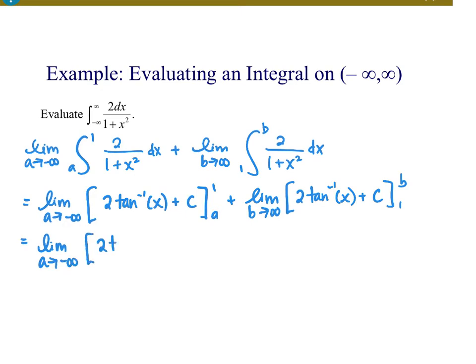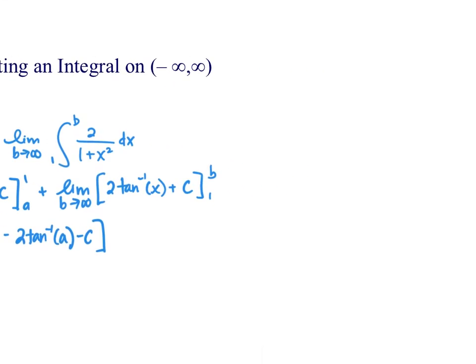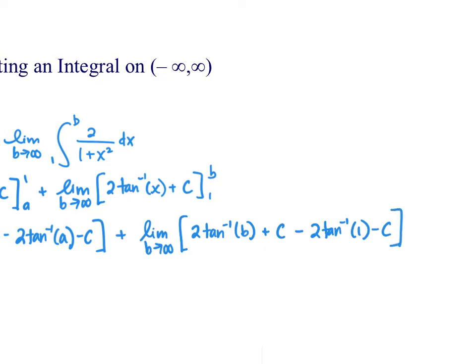So we have 2 times the inverse tangent of 1 plus c minus 2 times the inverse tangent of a minus c. And then plus my second limit, 2 times the inverse tangent of b plus c minus 2 times the inverse tangent of 1 minus c.